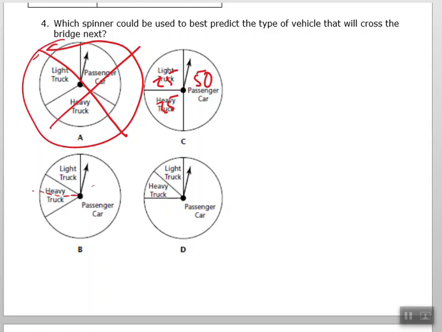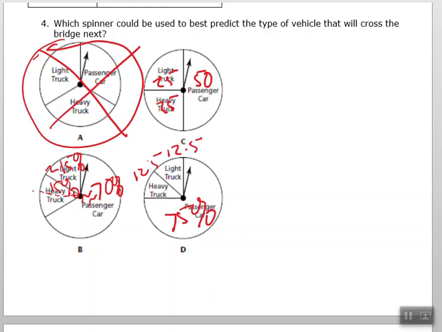So I'm going to guess that this is about 70%, and that these are both about 15%. And over here, my passenger car, I have 75%, and then it looks like I have 12.5 and 12.5.